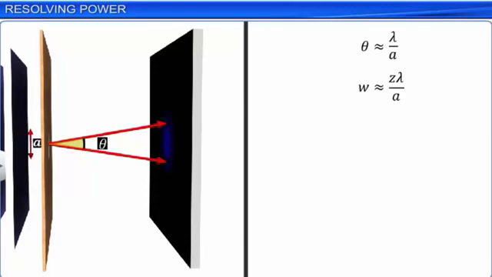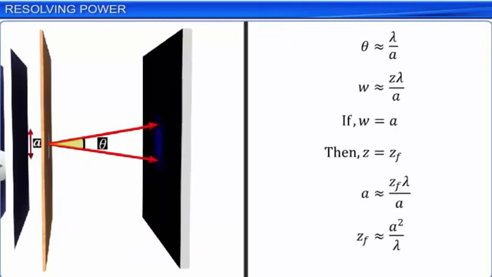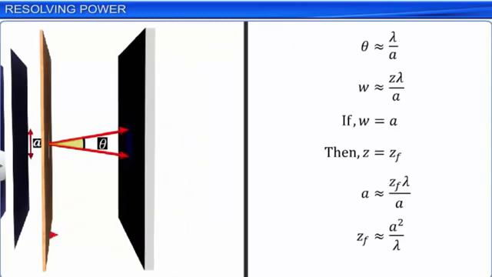Hence, ZF is approximately equal to A square by lambda. Hence, for distances smaller than the Fresnel distance, the spreading due to diffraction is also small. But for distances greater than ZF, the spreading due to diffraction is considerably large and it dominates the assumptions of ray optics.